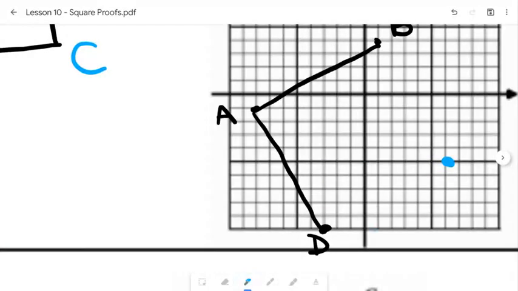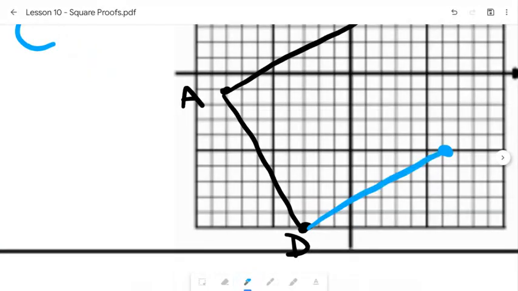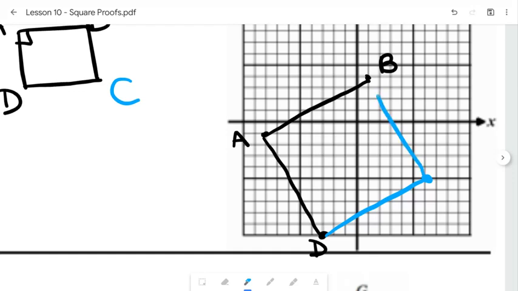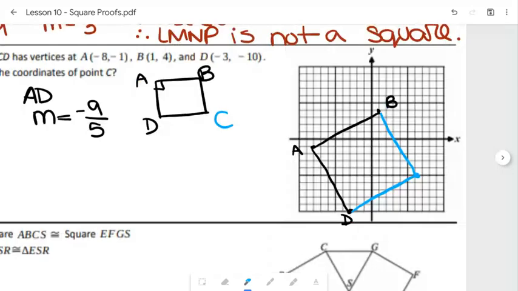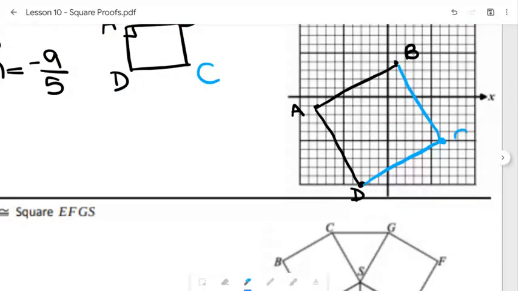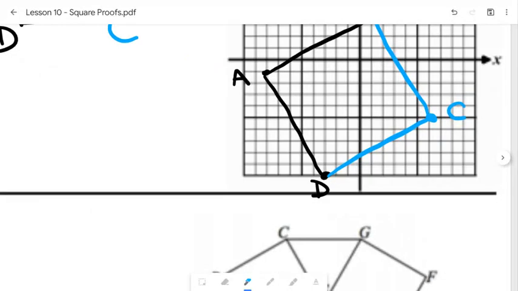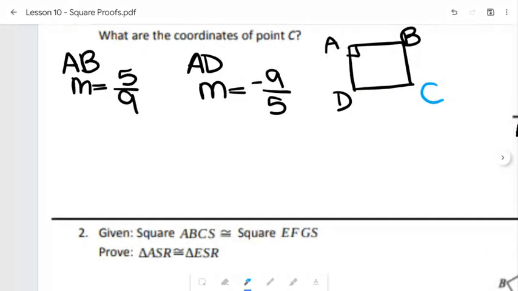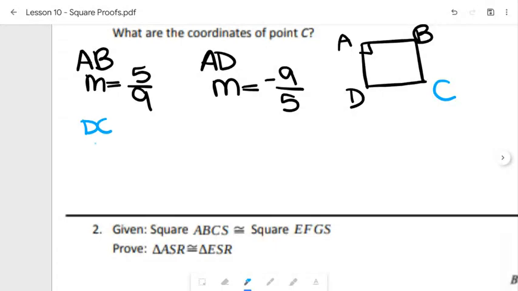Well, let's check, see if it checks out. If C is here, and then I can count up 5 over 9, which we just did, so we know that DC also has a slope of up 5 over 9.